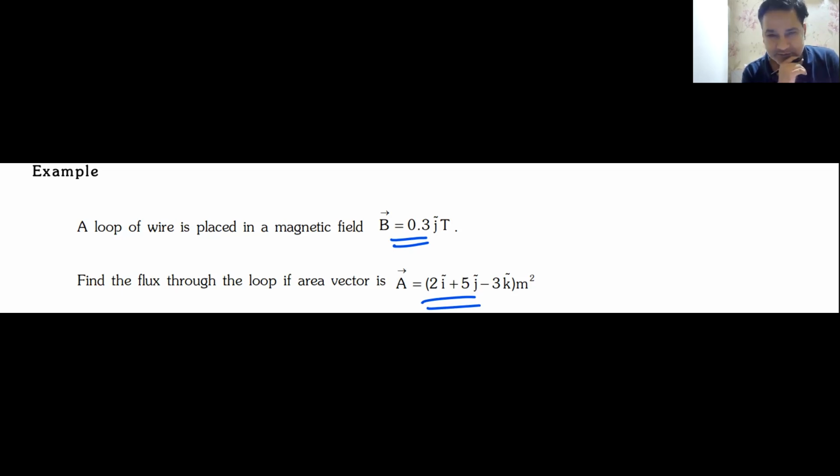How will you get your answer? Remember, the most important thing here is that the magnetic field is constant, so you can easily find out the flux of this magnetic field through this area. What would your answer be? This is a straightforward, simple question. What is your answer?